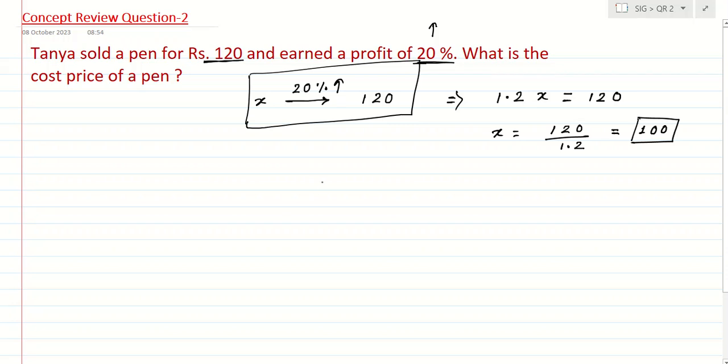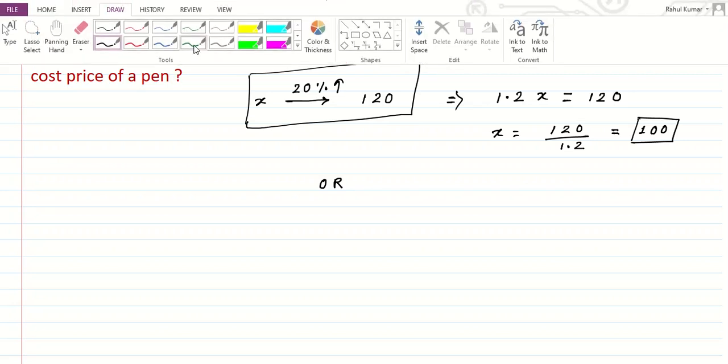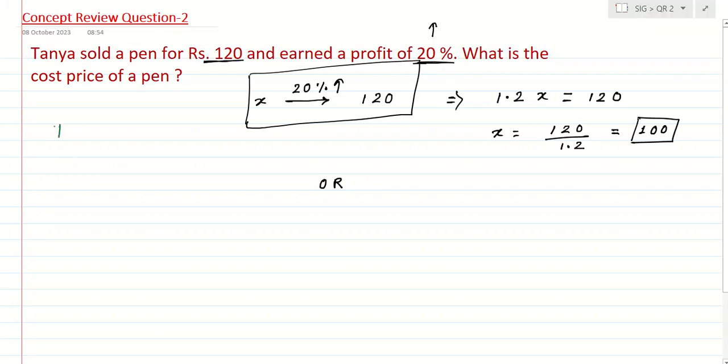If you understand the trick, then I can go ahead with the other example. See, the trick says, I'm just taking a red, green color. The wonderful trick for this kind of question: if I'm increasing by some fraction, let's say x upon y, then while coming back, I have to decrease it, no?